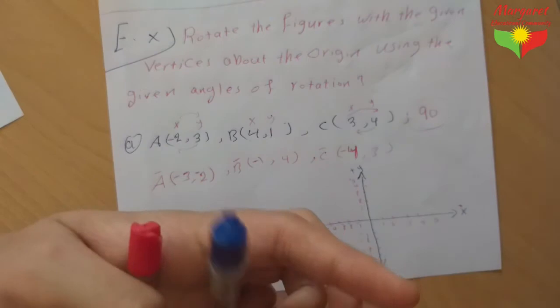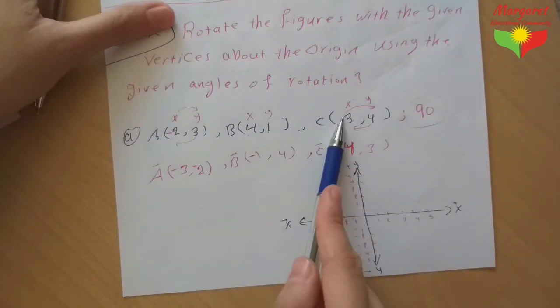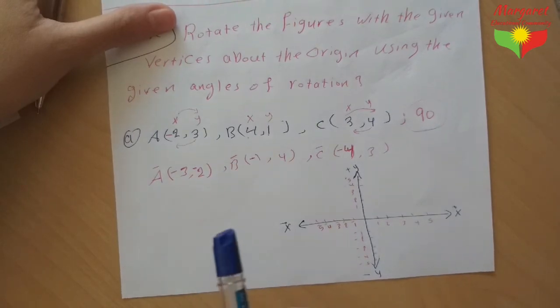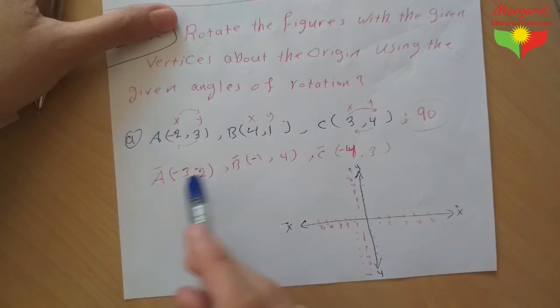So to draw the vertices A, B, C, first draw the vertices A, B, C. After that draw the vertices A prime, B prime, C prime.